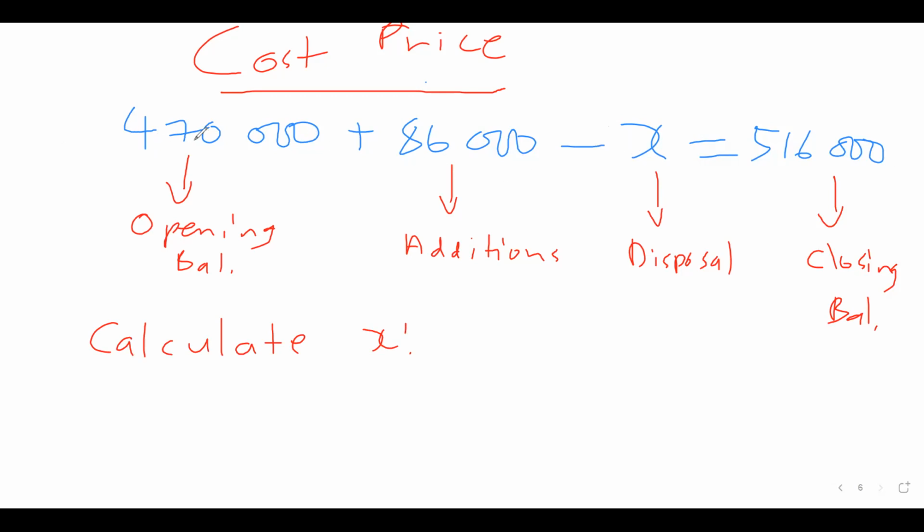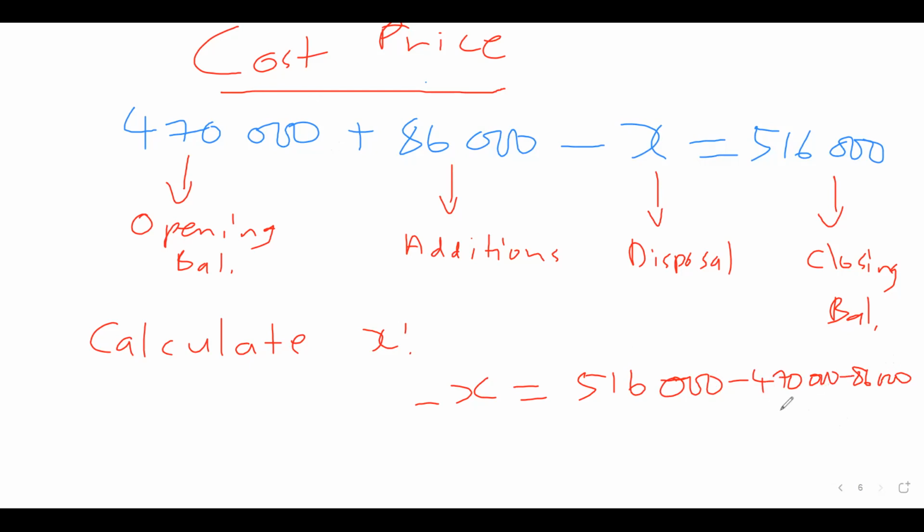So I have to take everything to the other side. So X equals 516,000 minus 470K minus 86K. Why am I putting minuses on these things? It's because when you take the positive to the other side, it becomes negative. Does it make sense? Yes.